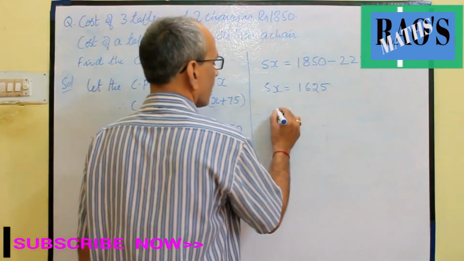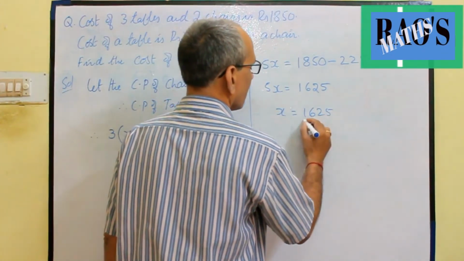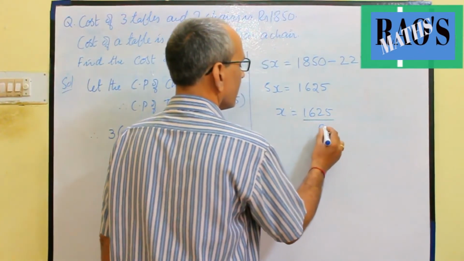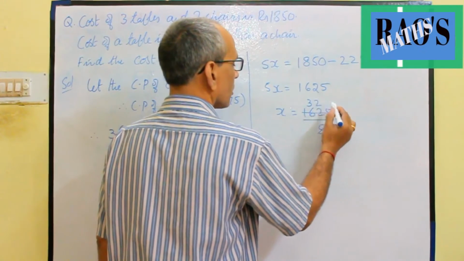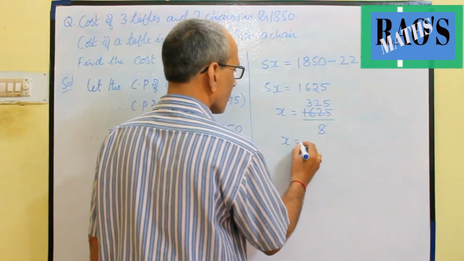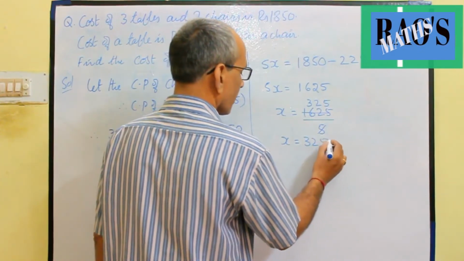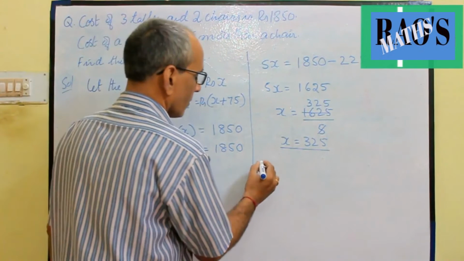Over 5, x is equal to 1625 by 5. 5 3s are 15, 5 2s are 10, 5 5s are 25. So x is equal to 325. So what is x meant for? The cost of chair.